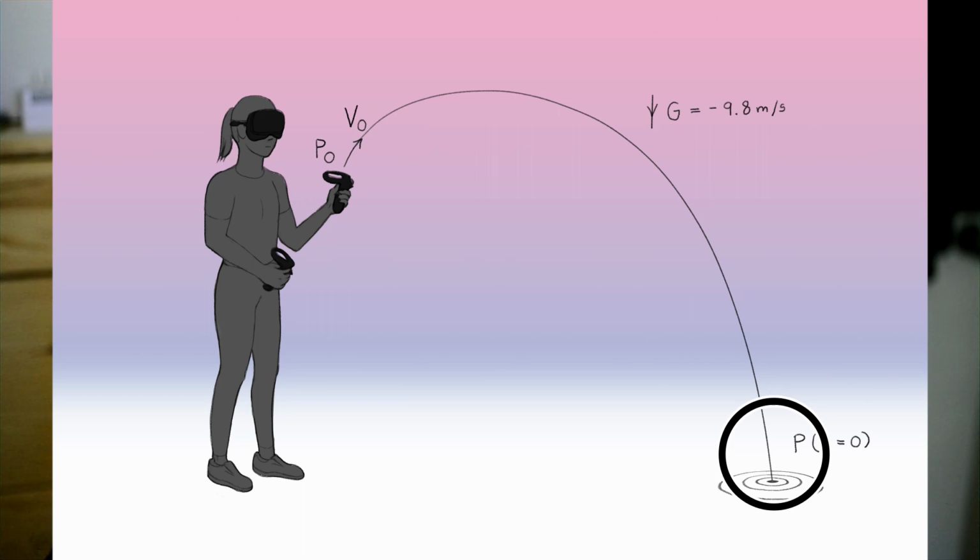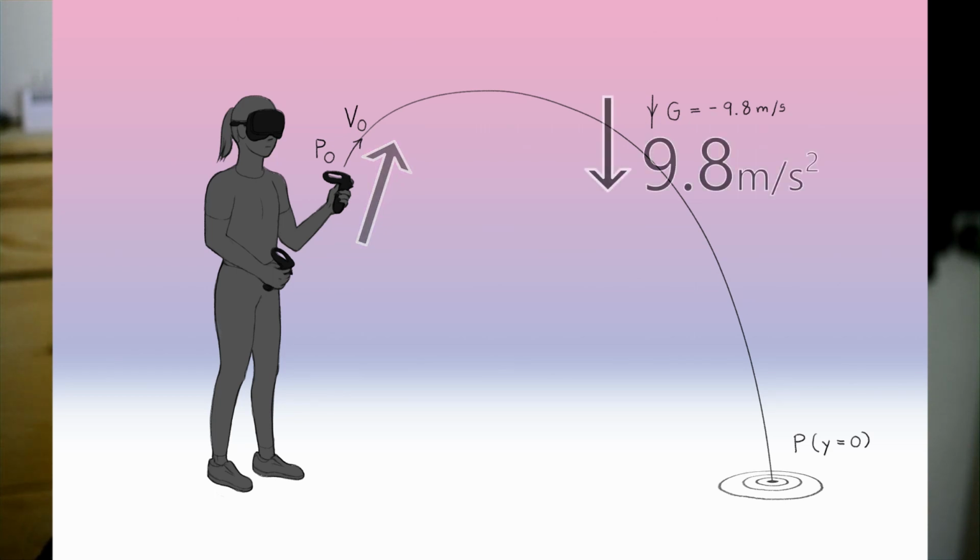We know the starting velocity. The starting velocity is whatever we set it to, which in our case is going to be launched out in the direction the controller is pointing. And for gravity, we'll set it to the same gravity as the real world, which is 9.8 meters per second down.